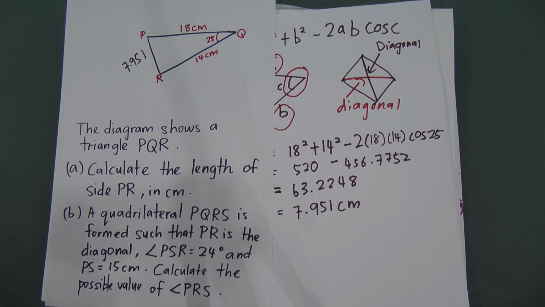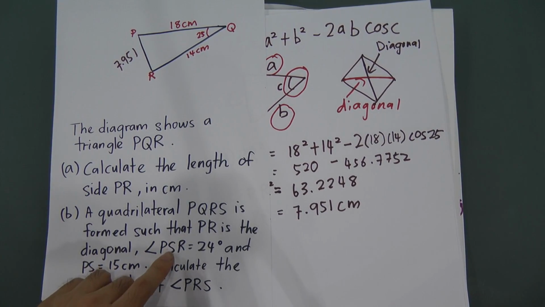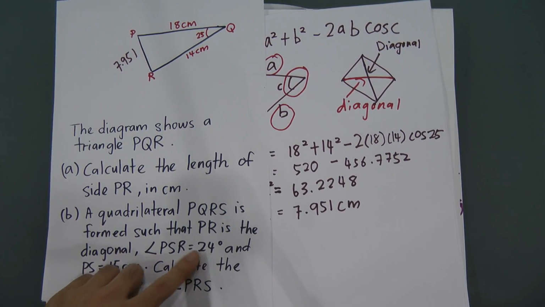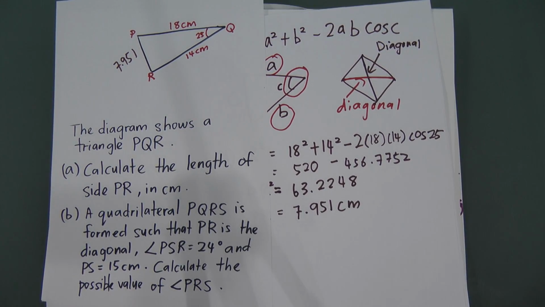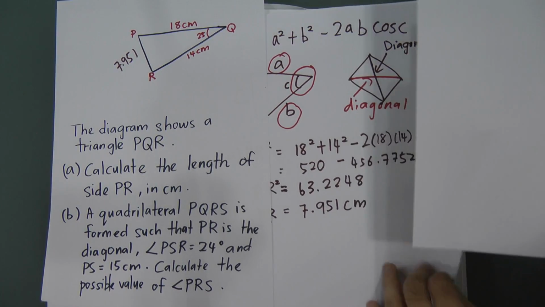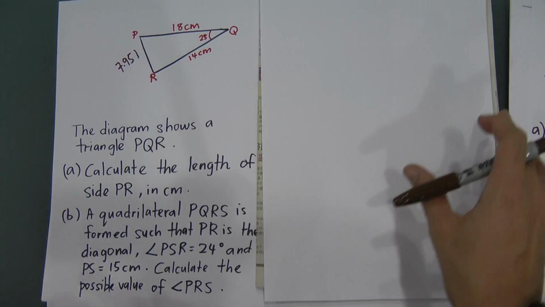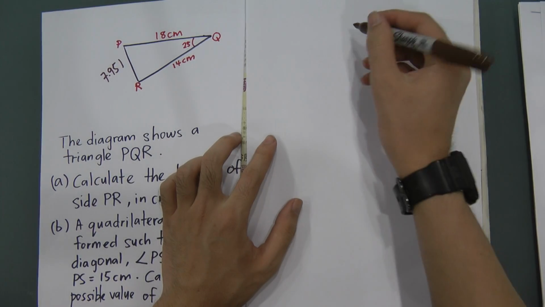Before we point out where S is, we need to fulfill 2 conditions here. PSR must be a 24 angle, and the length for PS must be 15. Alright, so I just try to scratch the triangle. I just draw this one.